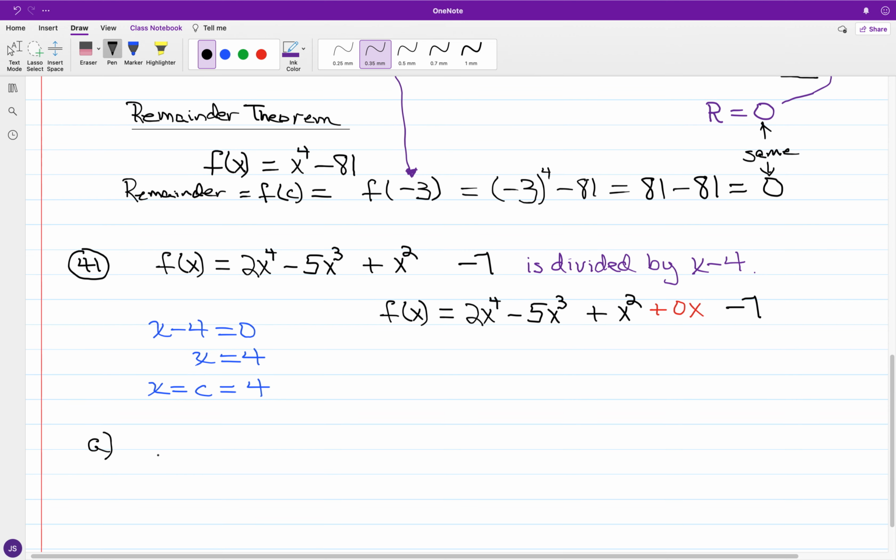And we have for part A, you have that the remainder is equal to f of 4, and plugging in 4 for x, we have 2 times 4 to the 4th minus 5 times the cube of 4, plus 4 squared minus 7. 4 to the 4th is going to be 256.